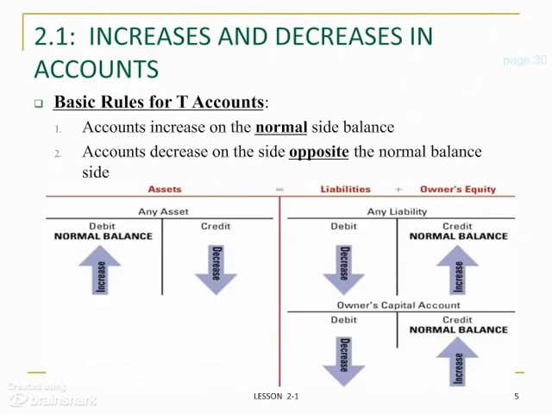Whereas if you have a liability or the owner's capital account, those increase on the credit side because their normal balance is on the credit side. Whereas if a liability were decreasing, it's going to decrease on the debit side. And the same with the owner's capital account. The owner's capital account is going to decrease on the debit side.